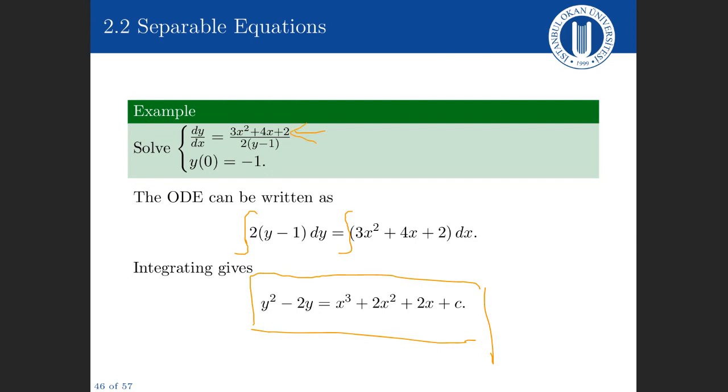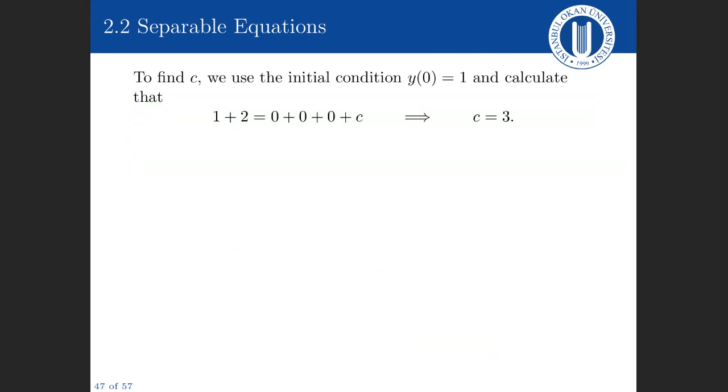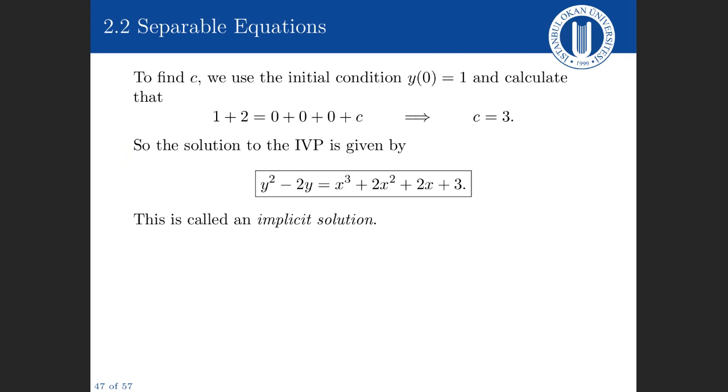To solve the initial value problem, we need to choose the value of the constant c to satisfy y(0) = minus 1. And for this problem, we need to choose c is equal to 3. So we get the solution like this: y squared minus y is equal to x cubed plus 2x squared plus 2x plus 3. If you use the same method, you can solve the problem on homework.